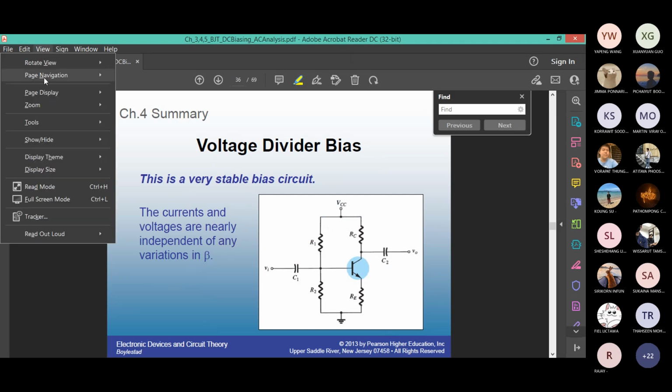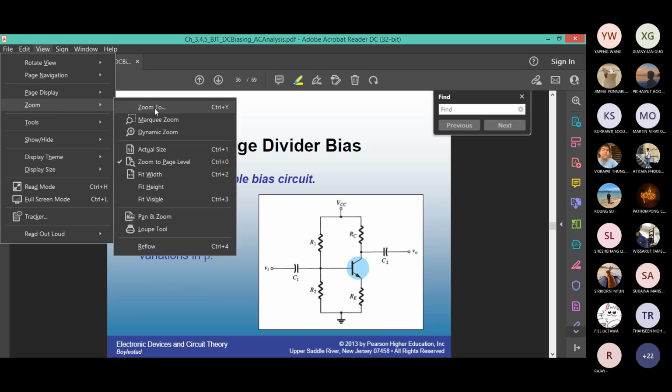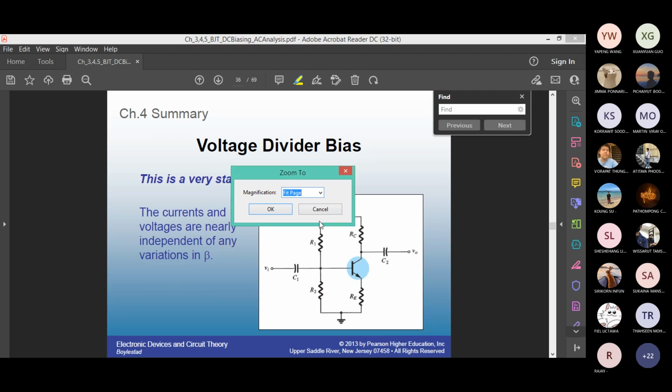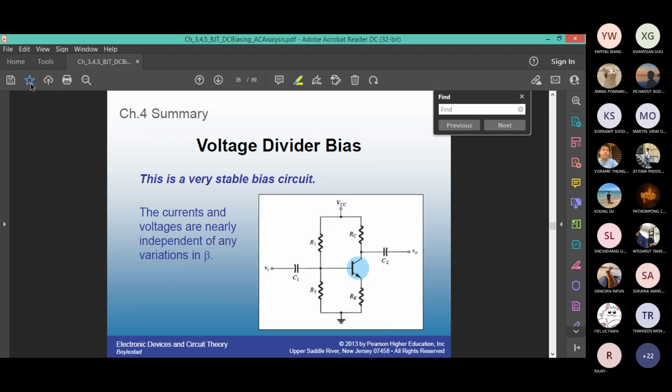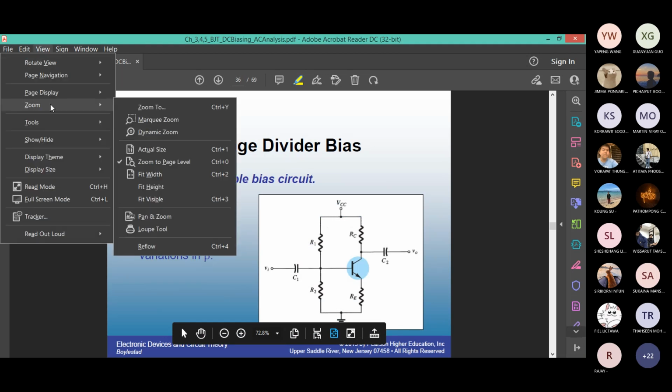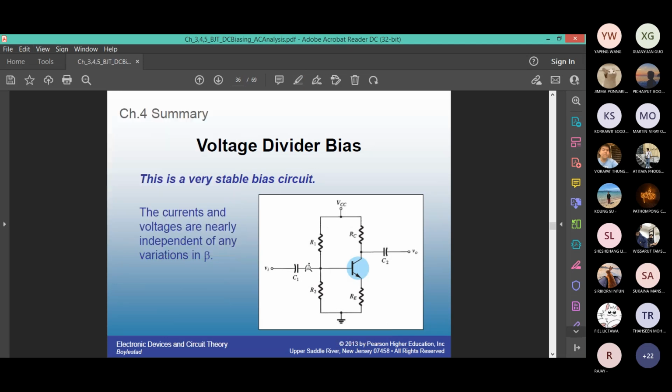View, zoom. Zoom to this area. The toolbar is gone. Okay, I have to look at it later. Is there any other way? Any shortcut? View, page display, zoom, dynamic zoom? Yeah.